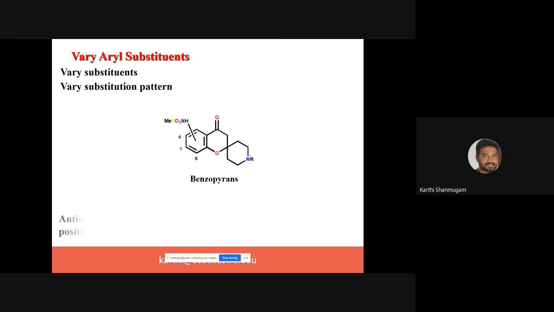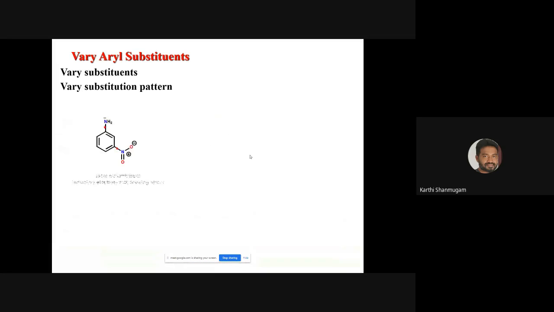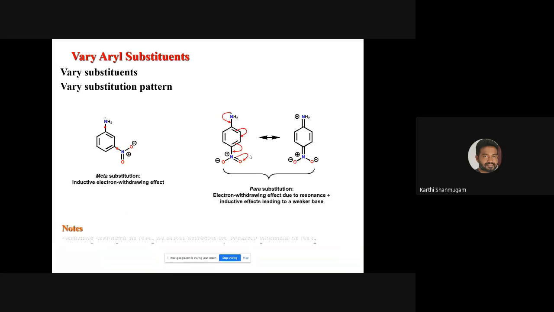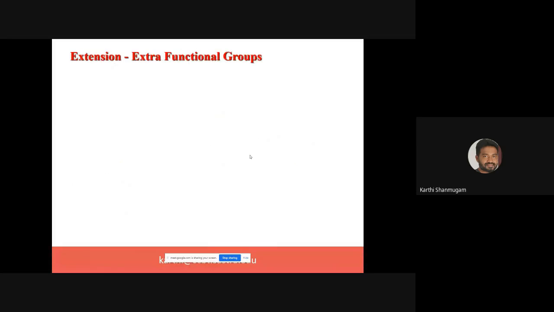So moving on to the next example. Next is called extension. The meaning of extension is adding some extra functional group. Various functional groups like, what's the name of this functional group?